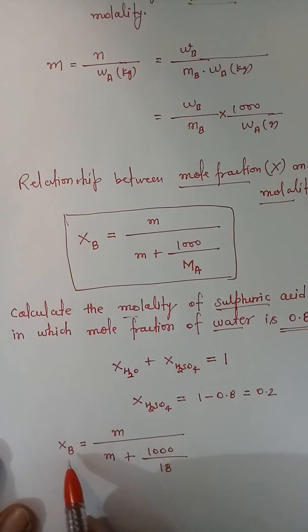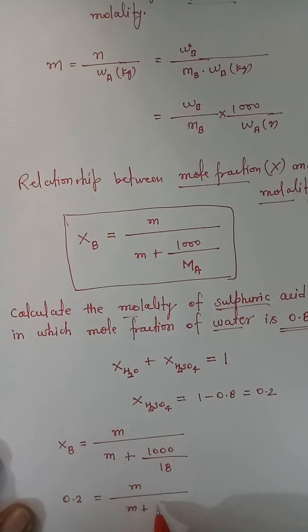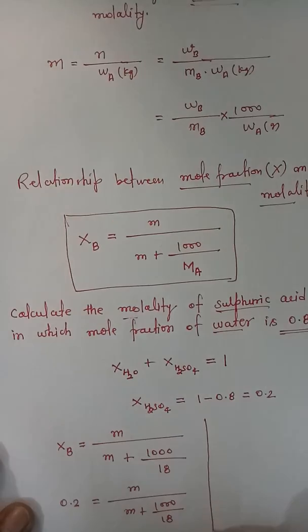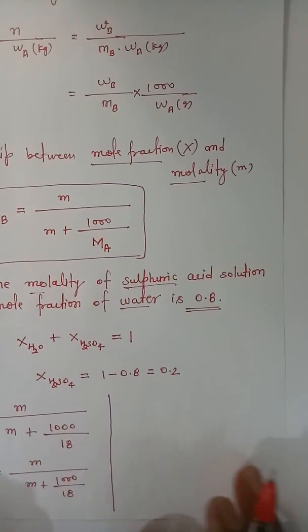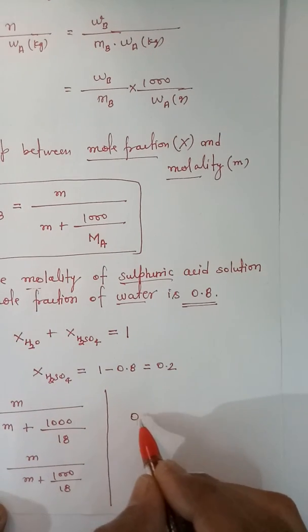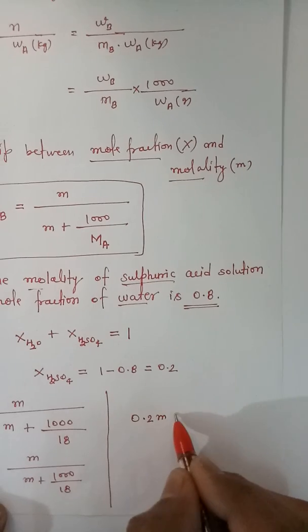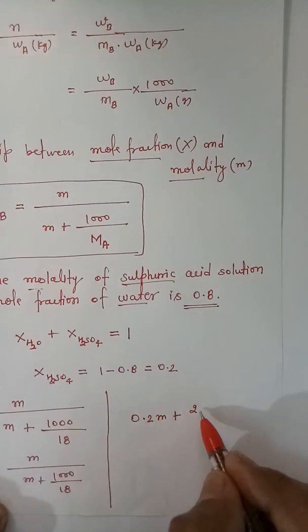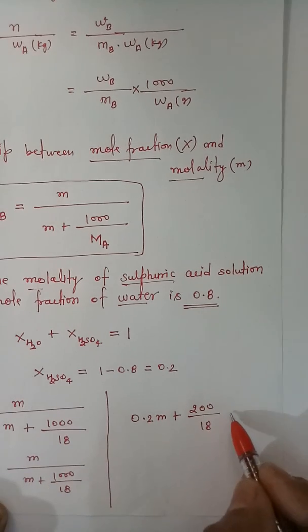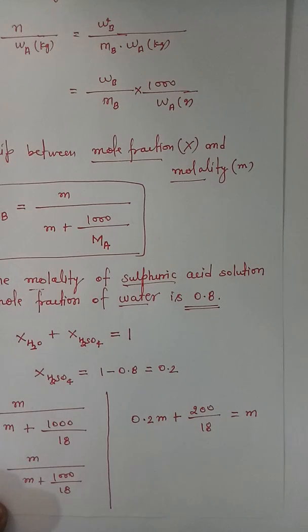So mole fraction of solute we have 0.2 equals m upon m plus 1000 upon 18. So 0.2 m plus 200 upon 18 equals m. We can write it.